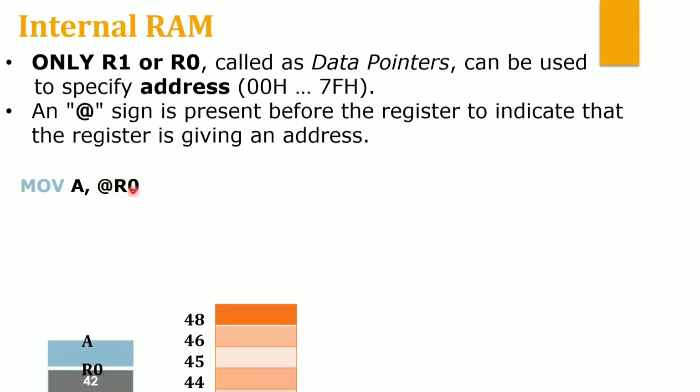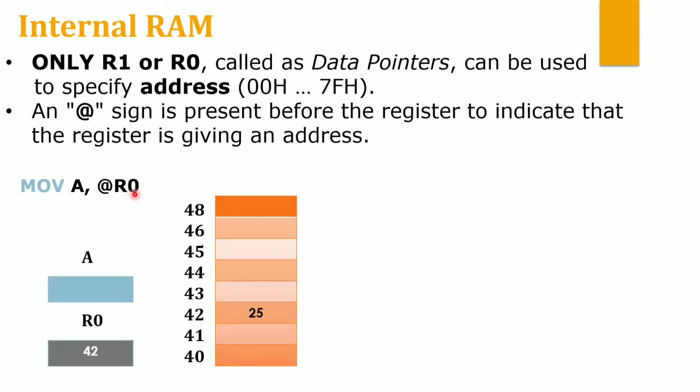Now we will take one example here. This is our memory, and the starting address is 40, 41 and so on. And in memory location 42, I have the value 25, right? Now if you look at this instruction, MOV A, @R0. Now the A register does not consist of anything. R0 consists of 42. After executing this instruction, what will be the contents of A? Will it be 42 or will it be 25?